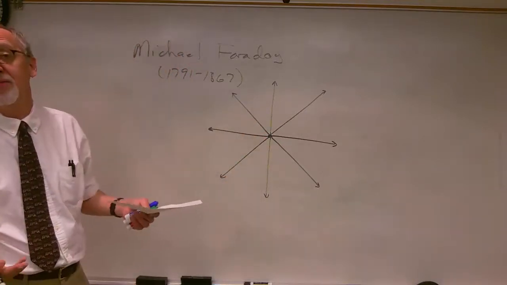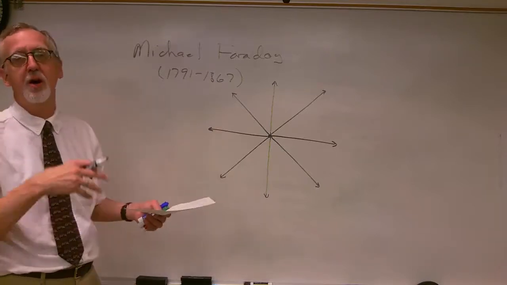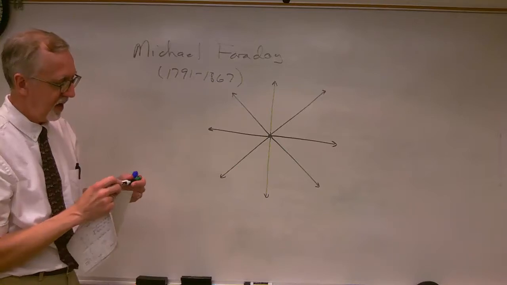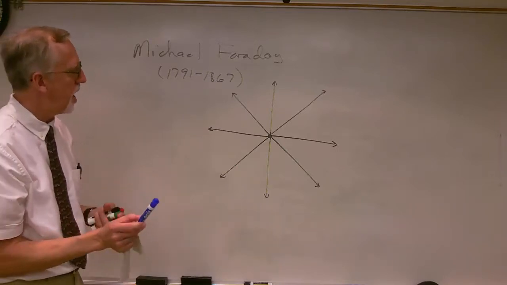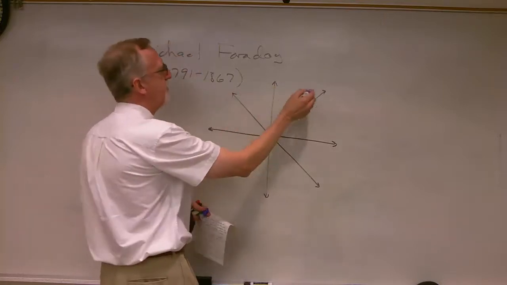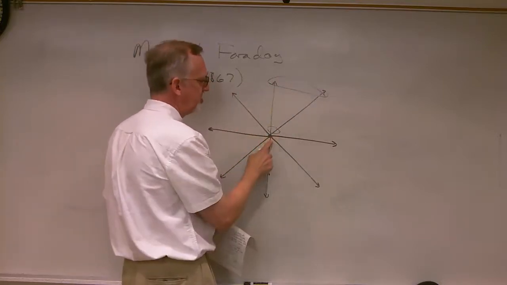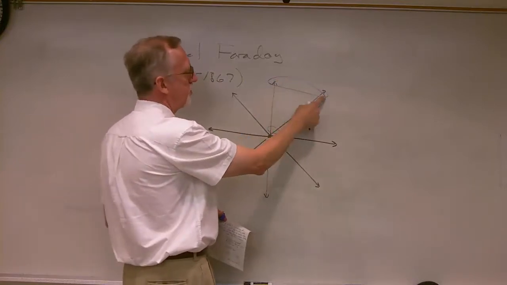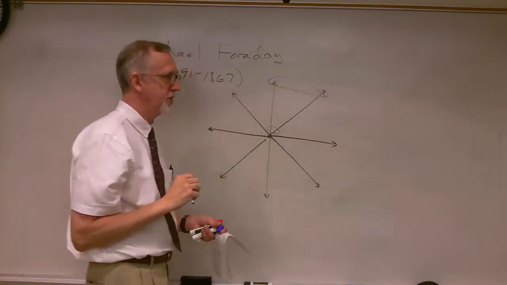But how can we show that it's stronger close to the charge, weaker further away? Well, notice that the lines that I have drawn are closer together close to the charge, and they're farther apart from each other when you're farther from the charge.